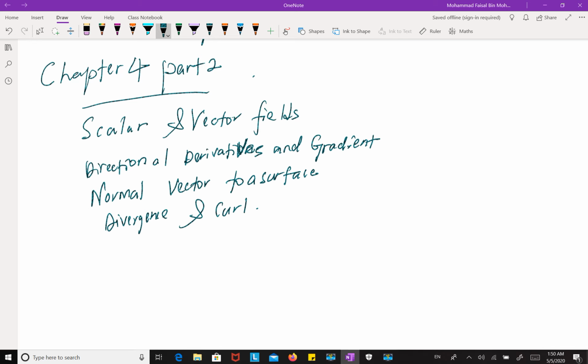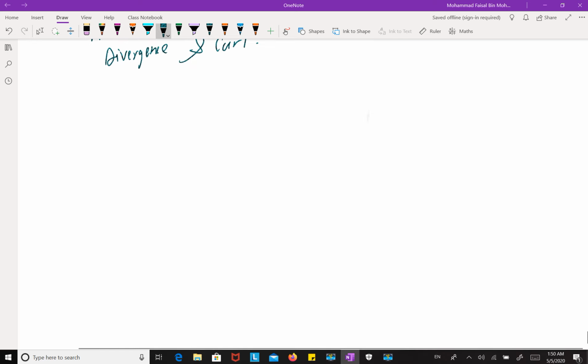Okay, so refer to our notes. First one is scalar and vector fields. In general, scalar field is simply a scalar quantity that is a function of space and time.